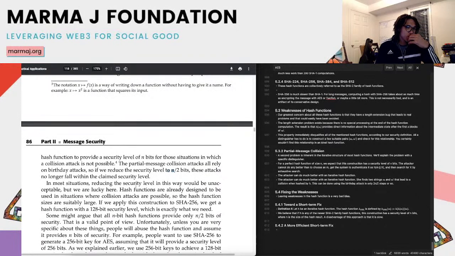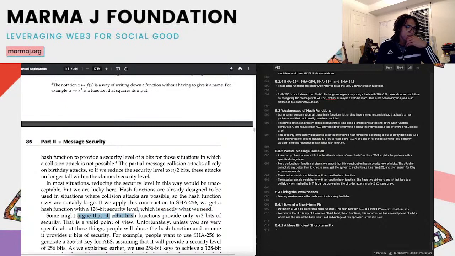In most situations, reducing the security level in this way would be unacceptable, but we are lucky here. Hash functions are already designed to be used in situations where collision attacks are possible, so the hash function sizes are suitably large. If we apply this construction to SHA-256, we get a hash function with the security level we need, which is exactly what we need.